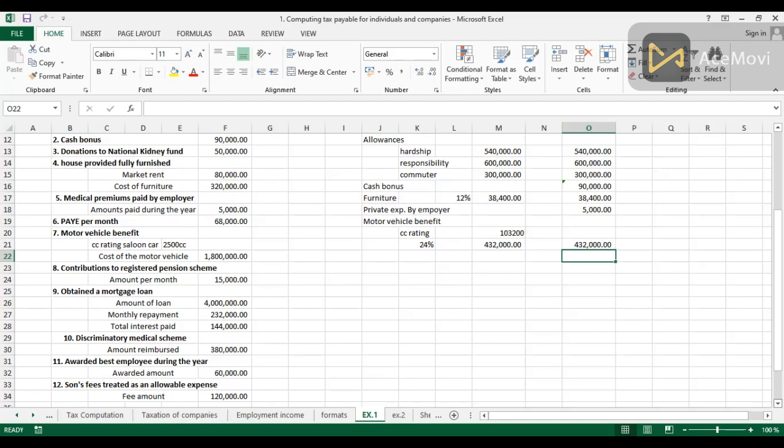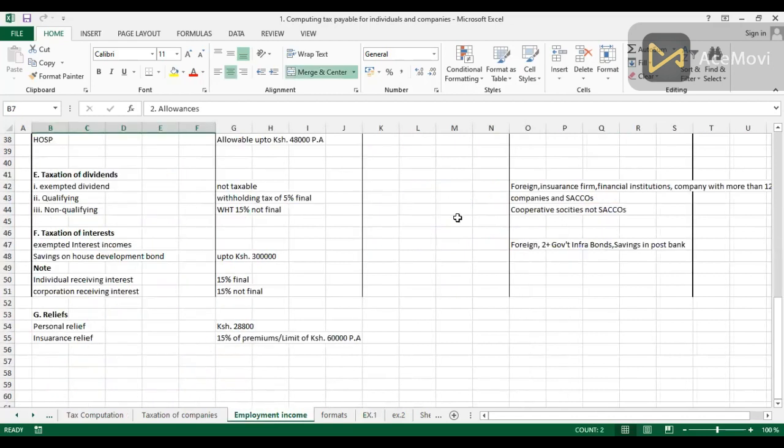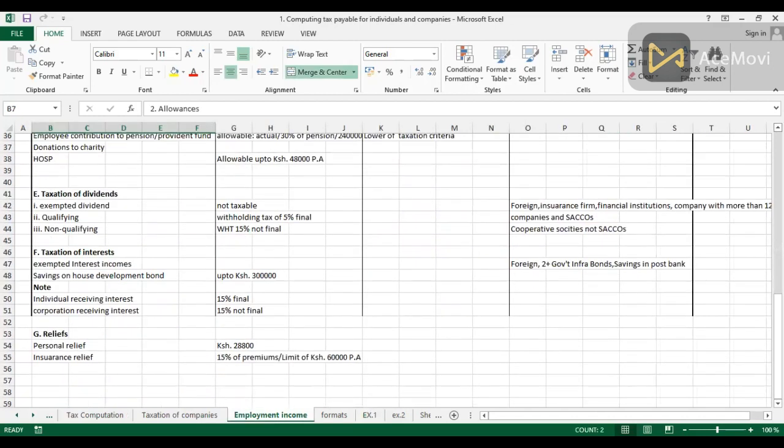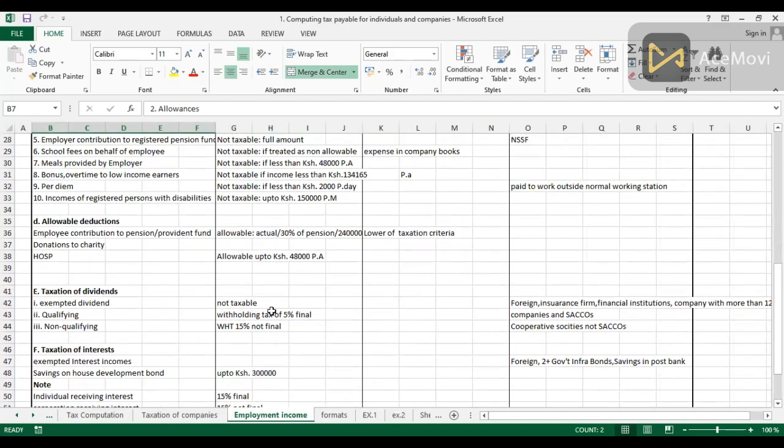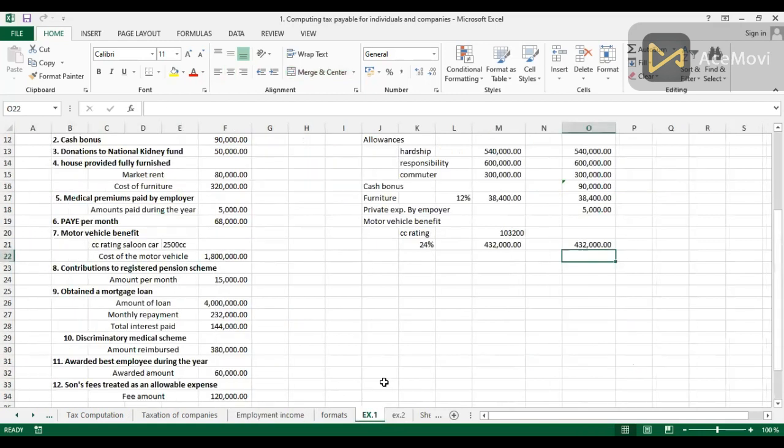They are capped at 300,000 Kenyan shillings per annum. I think it's here. The home ownership saving plan is 48,000. Sorry, not 300. But you can confirm, because here it's just to show you how it goes. But also the mortgage loan, the interest will be allowable up to 300,000.